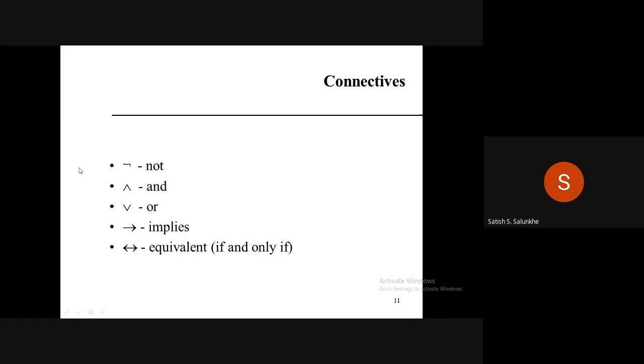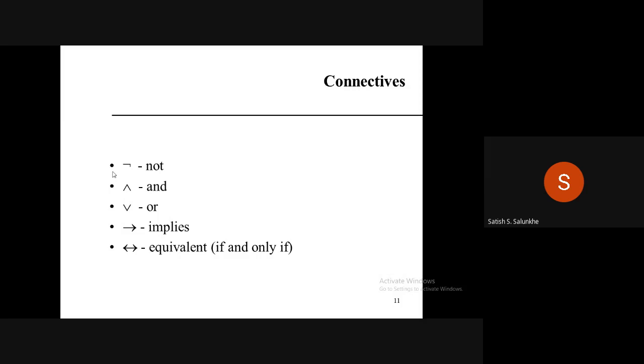Connectives are nothing but operations, just like in set theory we discussed the operations that we can perform on sets, like absolute complement, relative complement, and binary operators like union of two sets, intersection of two sets, set difference, relative difference, something like that.